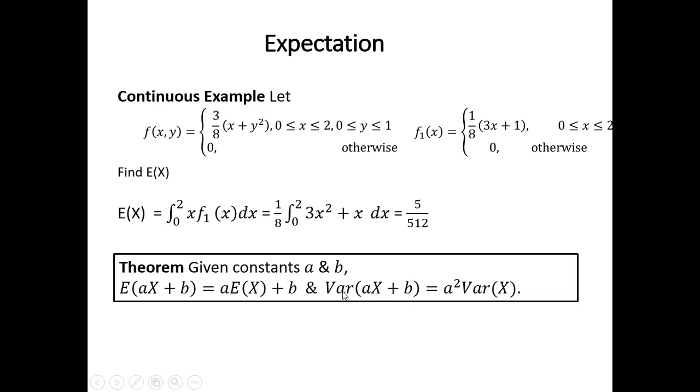Because if you're taking the variance of a set of numbers and you add a certain number to them, suppose you added 5 to that entire set, it would not change the variance. Something like this happens here, and you could see that there's a proof of this in the class notes.